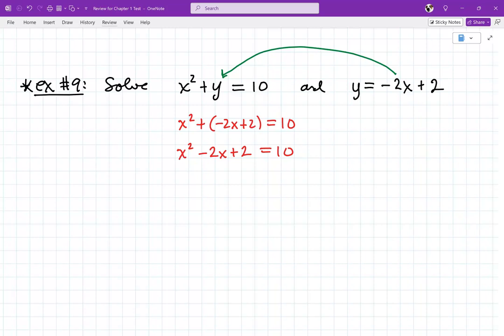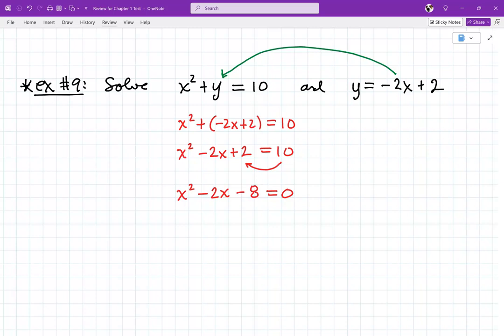I don't know why, but I wrote down 12. Now I'm going to subtract 10 because remember, in order to solve, you need to set it equal to 0. So this is x squared minus 2x minus 8 equals 0. So 2 minus 10 is negative 8.